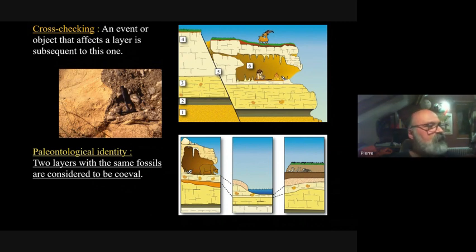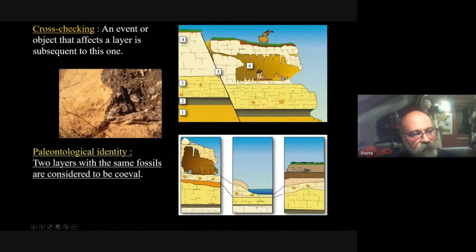For example, here you see we have 1, 2, 3, 4 levels, logical. 1 is the oldest, 4 is the youngest. We have a fault here in 5, so it signifies the fault movement, 5 is younger than 4, 3, 2, and 1. The cave in 6, dug into the 4th level, signifies this cave is younger than the 4th level.